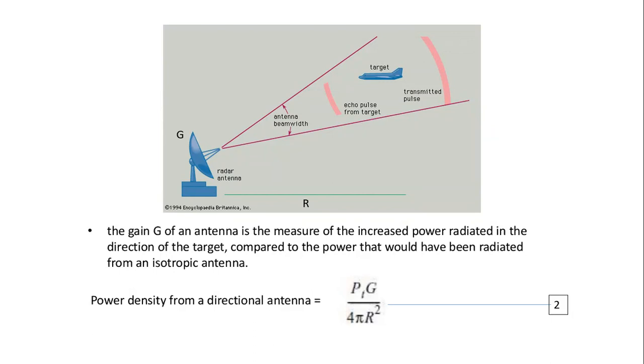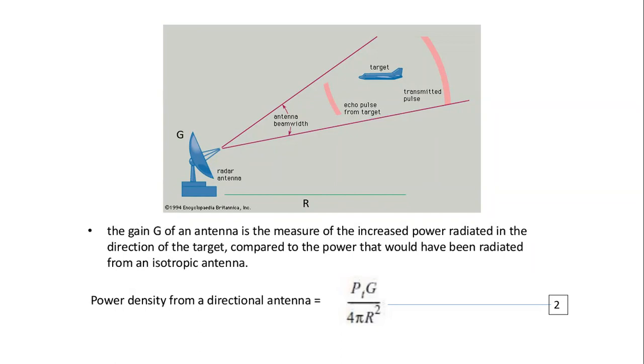So now we are taking a directional antenna, because we know that once the reflection happens, the target is not a small point sending the signals back in one direction. No, it will just disperse the signal in all directions. Some part will fall back onto the antenna.